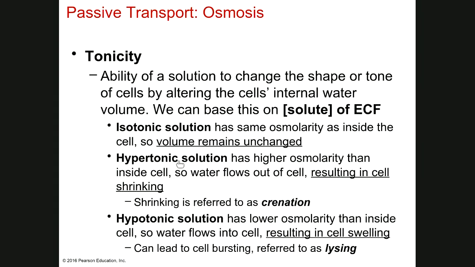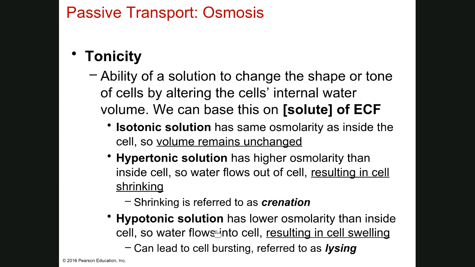All you have to do is look at how much solute is outside the cell. If there's a higher amount outside, it's hypertonic. And then the other thing you want to figure out is, water is going to be flowing out in that case, so what's going to happen to the cell? And again, I did detail that out in that document.